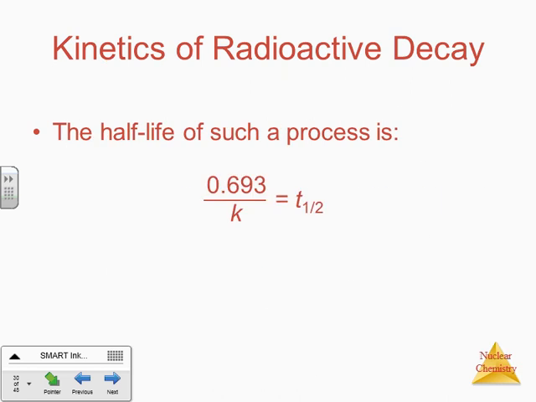Now, half-life. If you want to calculate the half-life for nuclear decay, here's the equation you're going to use. Okay, now half-life, we should talk about that for a second.